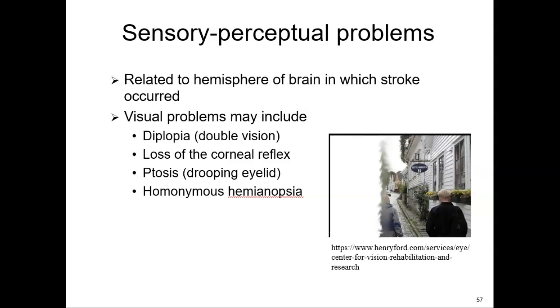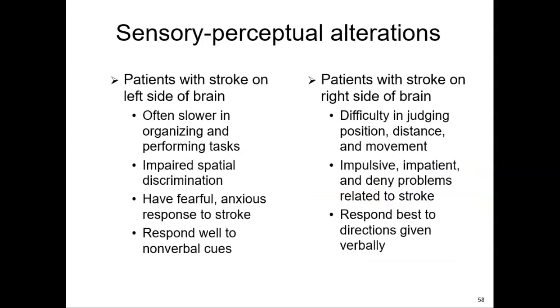Remember, the sensory perceptual problems are related to the hemisphere of the brain in which the stroke occurred, and it can manifest in different ways. And we've already talked about that a little bit. And again, patients with stroke on the left side of the brain, they're slower, they are more fearful.